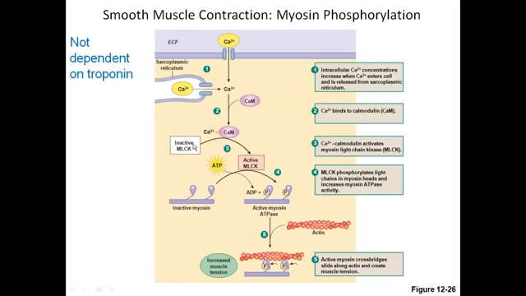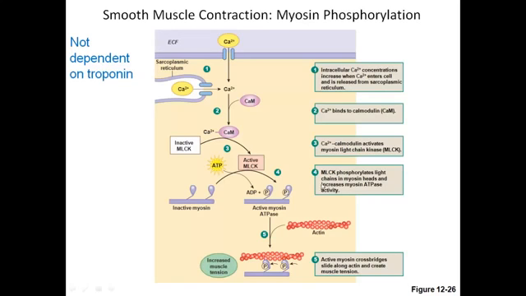So when it's present and bound, we activate our myosin light chain kinase, so it's now able to phosphorylate proteins, in this case myosin. It uses ATP, okay, and we phosphorylate the heads on the myosin chain.